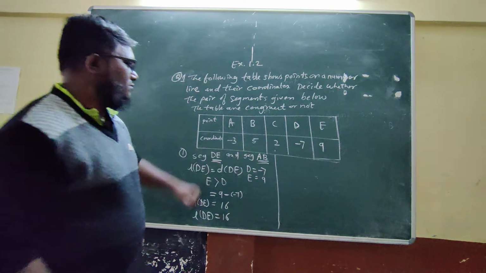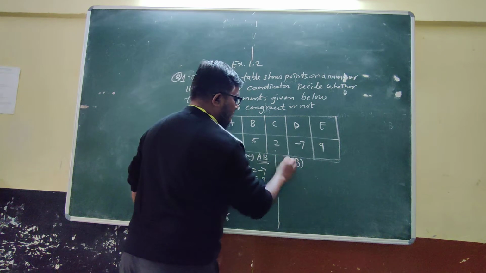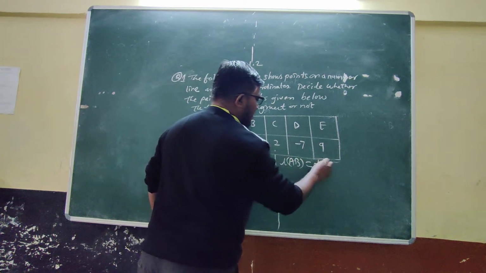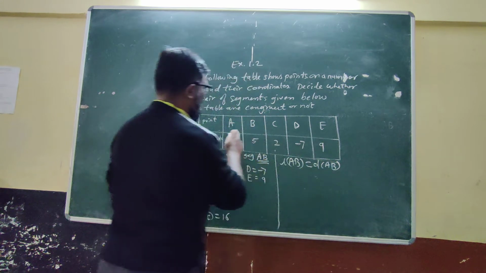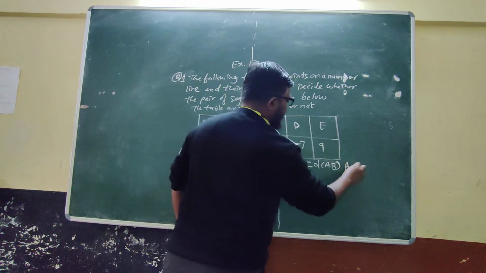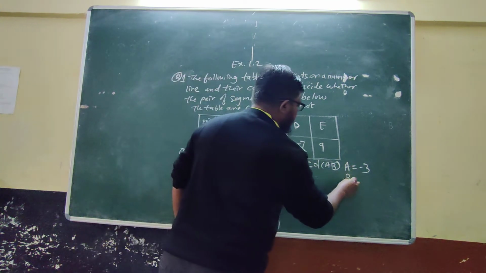Now like this we solve the next one. Length of AB is equal to the distance of AB. The coordinate of A is -3 and B is equal to 5.